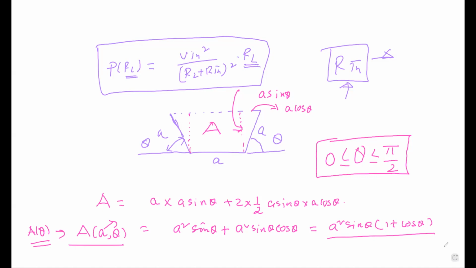In this equation, with a given value of A. If we have A equal to, say, 4 centimeters, then A of theta equals 16 sin theta into 1 plus cos theta. Very good.